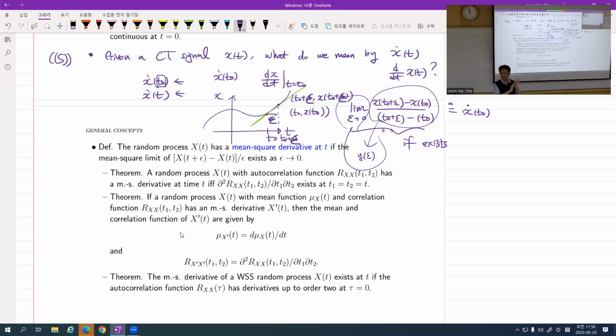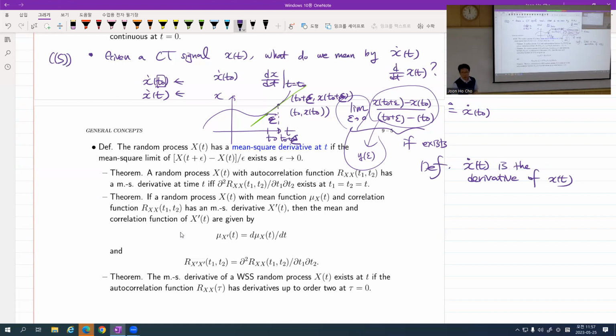So similar to continuity, we have differentiation of x at t0 and the derivative of x of t, as a function of t, right? In Korean, 도함수, the first order derivative of x of t.